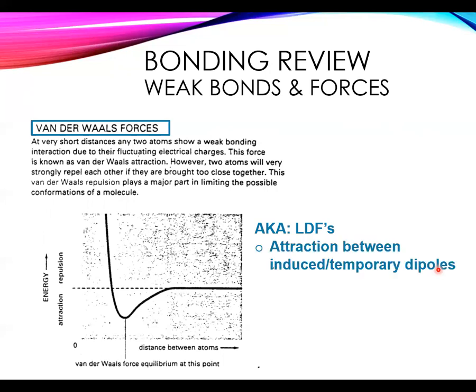These were attraction between induced and temporary dipoles. So any 2 molecules can be attracted to each other through temporary dipoles. Right? So anything has the possibility of LDFs. However, they're very weak. They're on towards the 1 kcal end of the spectrum in weak forces.